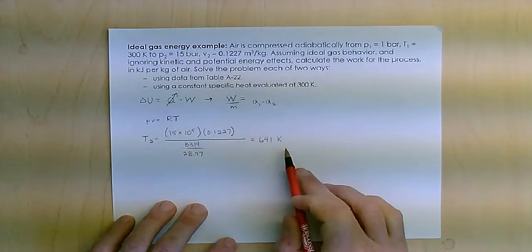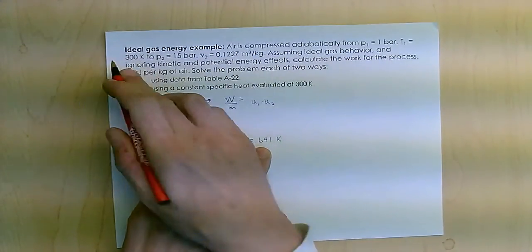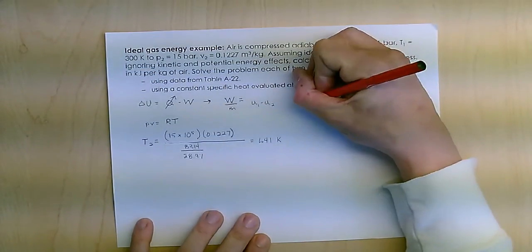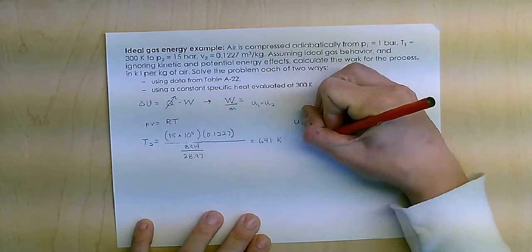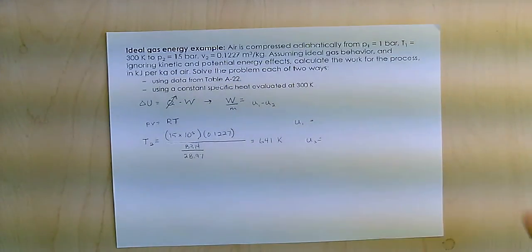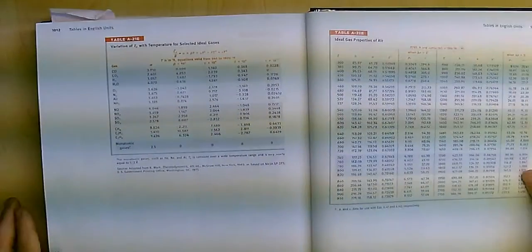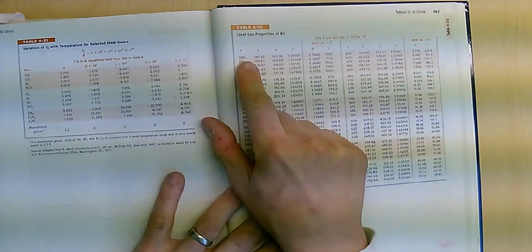So from this, I can find that my temperature is 641 Kelvin. Using this temperature and the first temperature, I'm going to look up U1 and U2 in table A22. We're in metric, and it's all based on temperature.